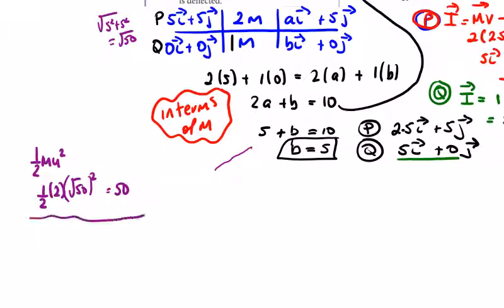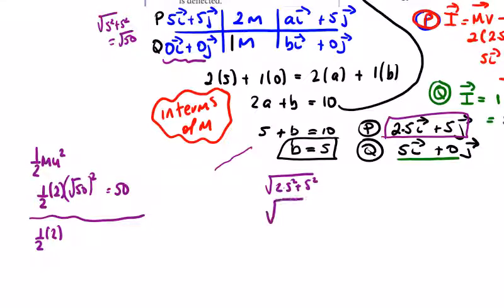And then afterwards, we're going to have a half, because this one was 0, there's nothing happening. So we're going to have a half times 2 by the magnitude of this: the square root of 2.5 squared plus 5 squared.